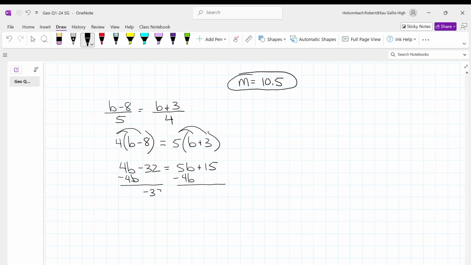This negative 32 comes down, and we're left with b plus 15. And then subtract 15 from each side. Negative 32 minus 15 would be negative 47, and that's equal to b.